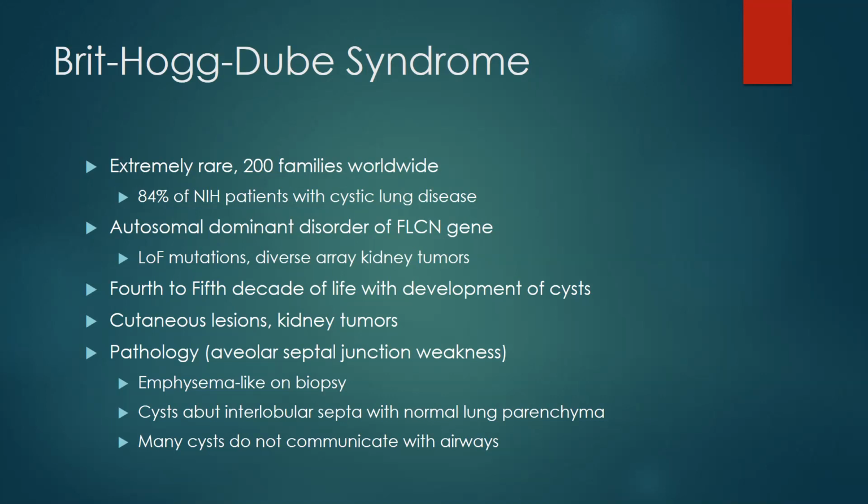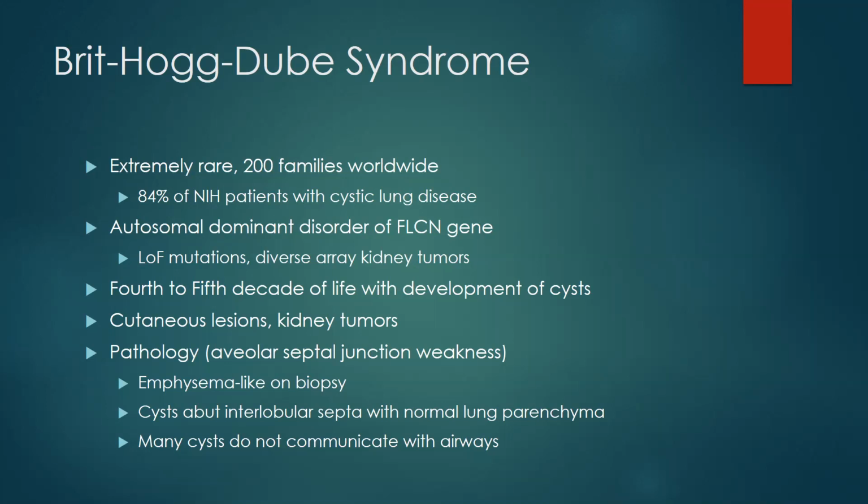This is an autosomal dominant disorder with genetic alterations of FLCN or folliculin, which is a tumor suppressor gene, and believed to also cause dysfunction in the mTOR pathway. It is unknown exactly what causes the cystic changes in this process, but they believe it has to do with adhesion protein defects or deficiencies, which lead to alveolar septal junction insecurities and weakness, causing tearing by just normal mechanical forces during respiration.